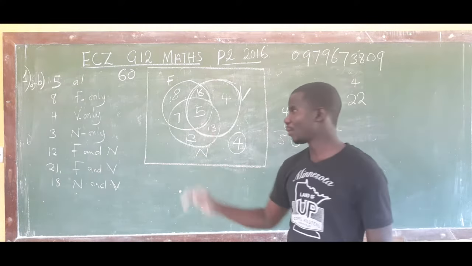The second one now is going to be fx. F multiplied by x.